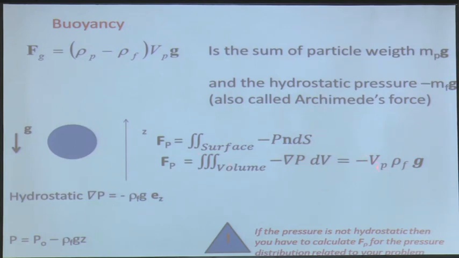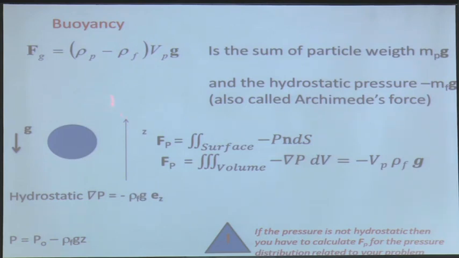So it's minus V_p rho_f g. And if you sum up the weight of the particle, rho_p V_p g, and minus rho_f V_p g, finally you get (rho_p minus rho_f) V_p g. And these two terms are called the buoyancy force.